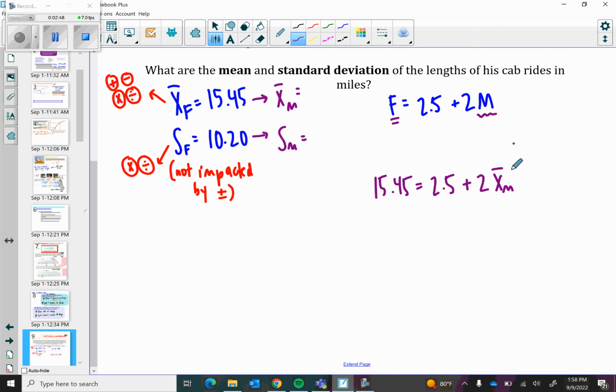We're simply going to solve this equation because mean is impacted by addition, subtraction, multiplication, and division. Solve this like you normally would, right? We subtract 2.5 and then divide by 2 so that we get the mean number of miles driven as 6.475.